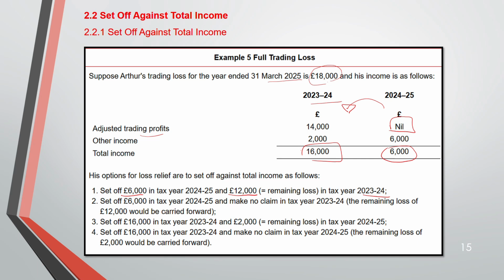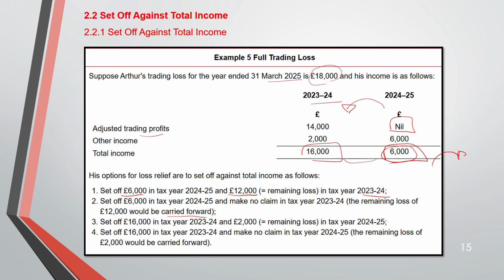Next option: set off against this 6,000 in the current year and carry forward. Do not take it back, rather carry it forward to the next tax year. So the remaining 12,000 loss you can carry forward.